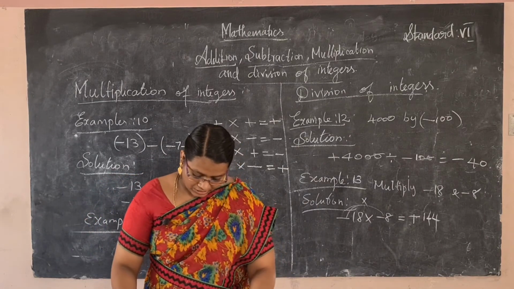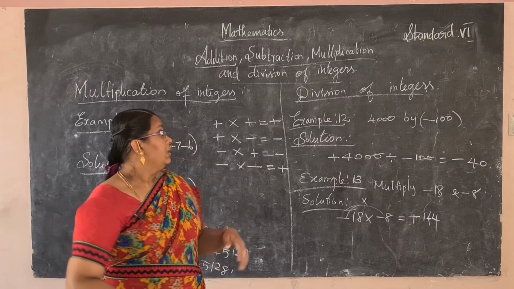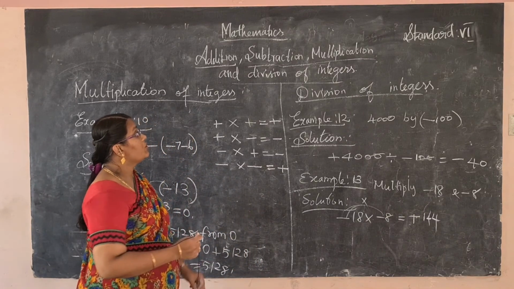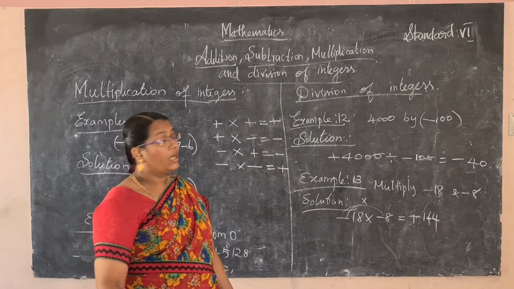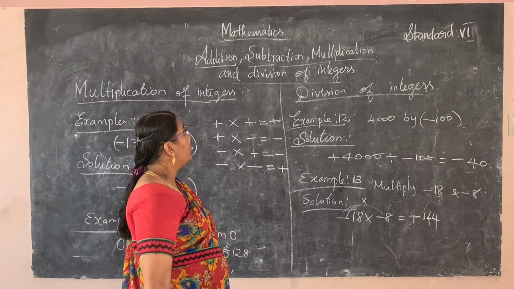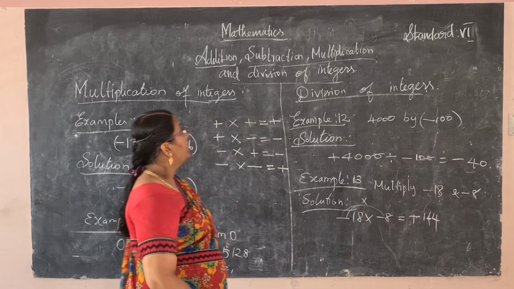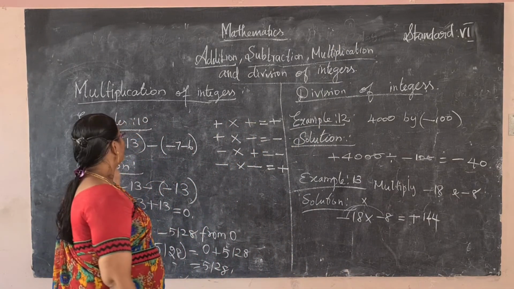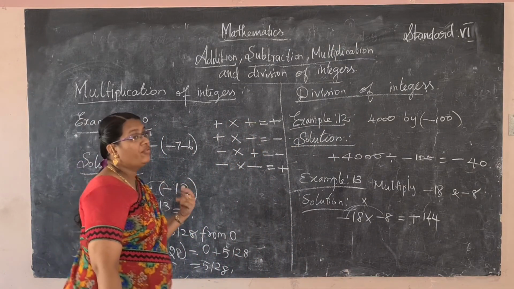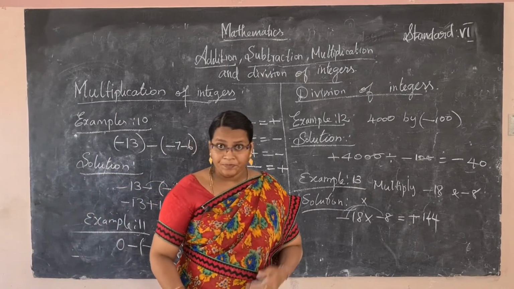So what we learned today? We have learned about the basic operations of integers: addition, subtraction, multiplication and division of integers. What are the rules we have followed for addition and subtraction?